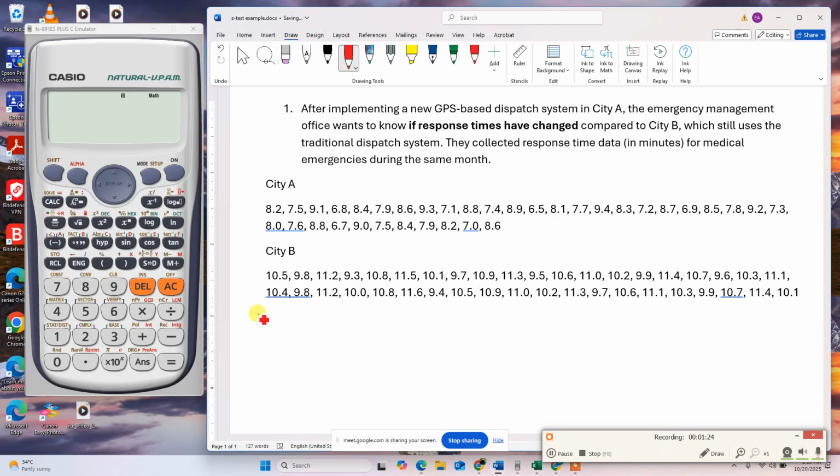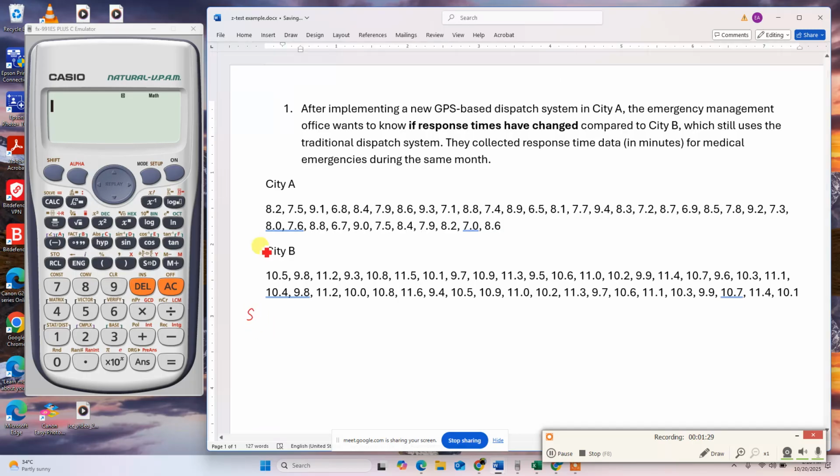From the discussion that we had previously, for our solution, step one is to identify the hypotheses, both the null hypothesis and the alternative hypothesis. Now, how to identify the hypotheses? We are going to base our discussion on what is in the problem.